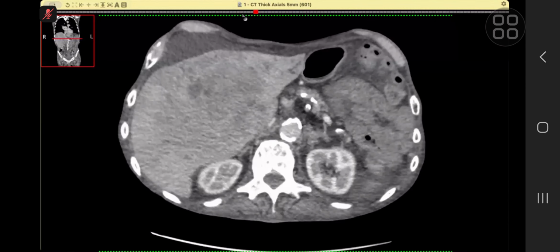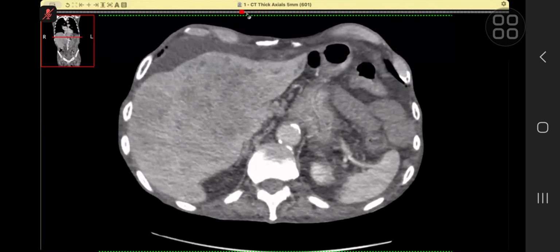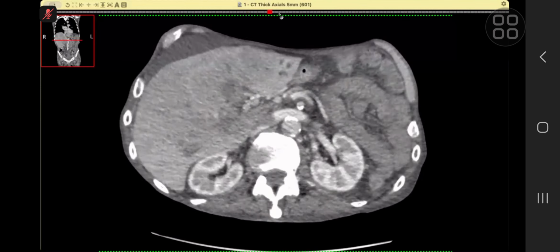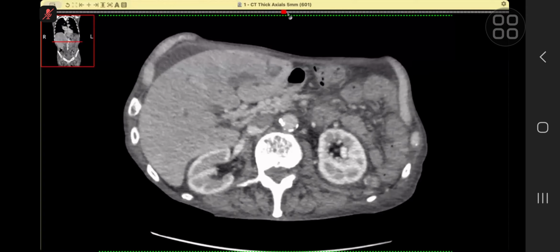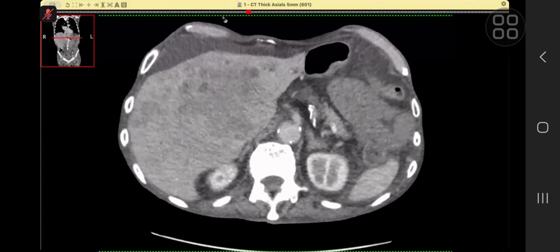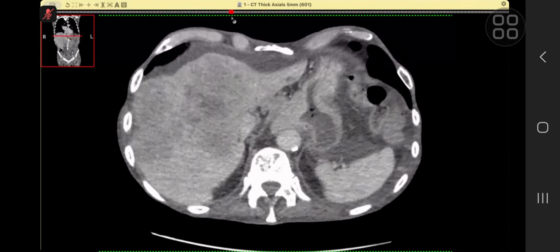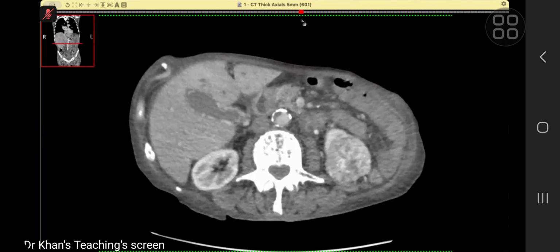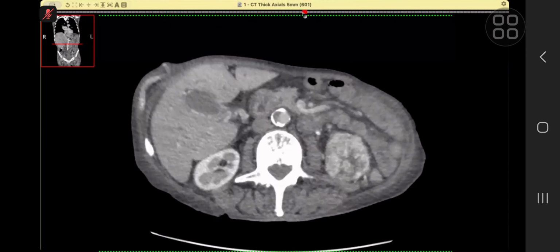Can it be just a normal artifact, streaming artifact? So I'm just trying to look at it again once. So there is evidence of opacification of bilateral renal veins.